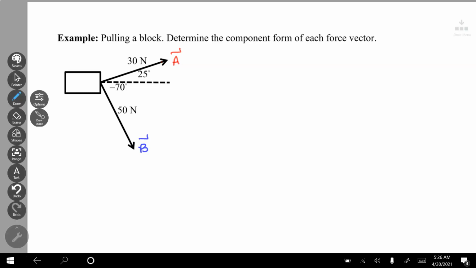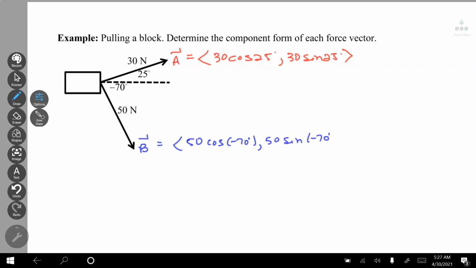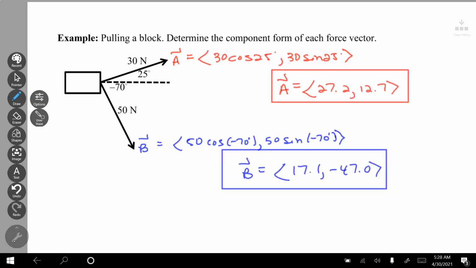So I'm going to call this first vector A, and it would be 30 cosine 25 degrees, 30 sine 25 degrees, and my vector B would be 50 cosine of -70 degrees, 50 sine -70 degrees. And I can put these both into the calculator, and they'll just spit it out, and I just round to 1 decimal. So I put them into the calculator, and this is what I got.